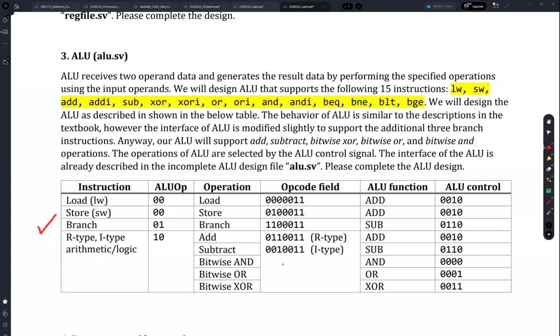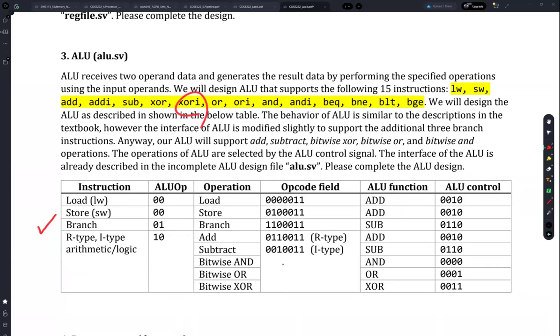The ALU operation mode is determined by ALUOp and the opcode here. So this ALU supports the I-type instruction.